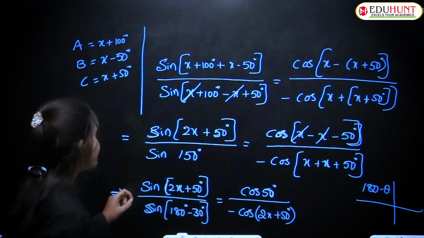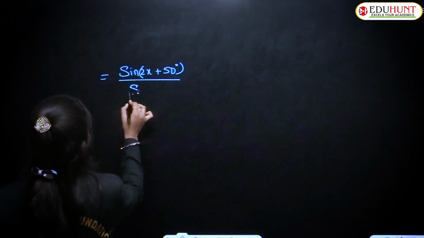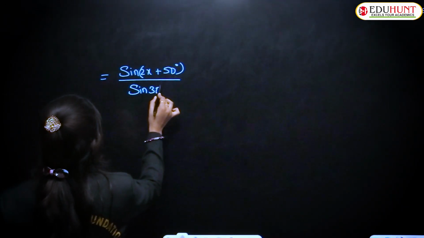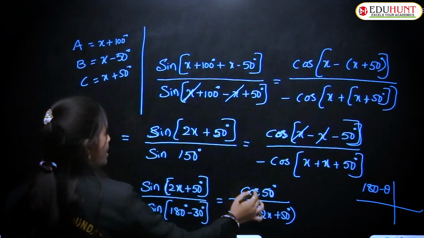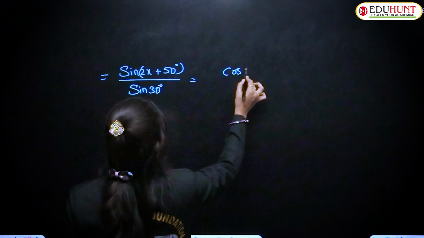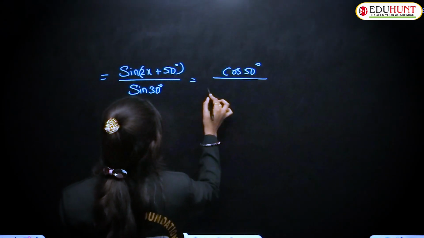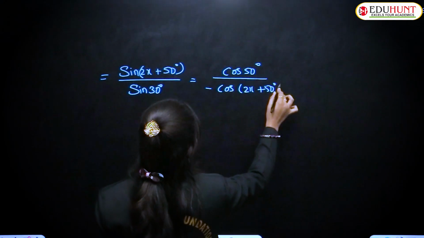So that is sin 30 degrees, which is equal to cos 50 degrees by minus cos into 2x plus 50 degrees.